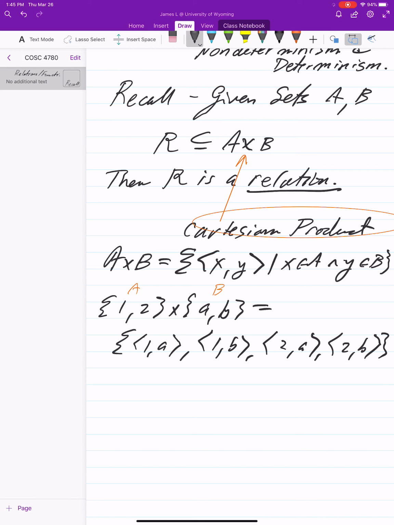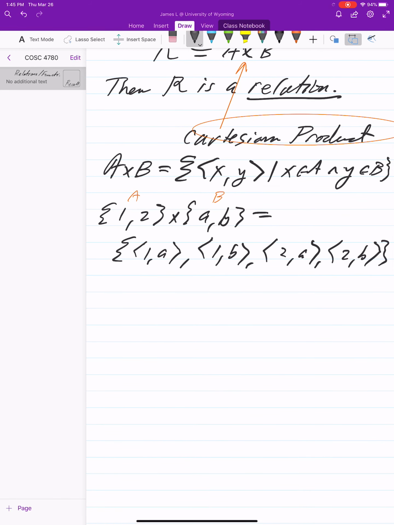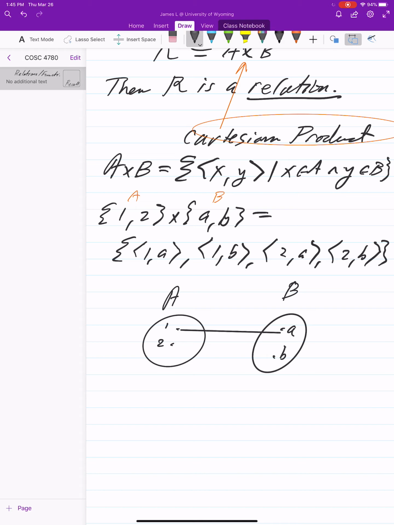Now, oftentimes we draw pictures of relations that look something like this. We might have A, and we've got 1 and 2. We've got B, which has A and B. One of the relations that is a subset of the Cartesian product is, for example, that 1 is related to A and 1 is related to B and 2 is related to nothing.